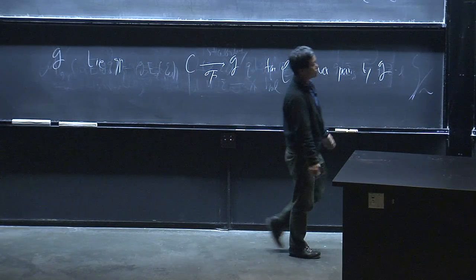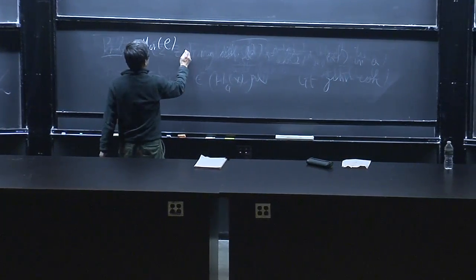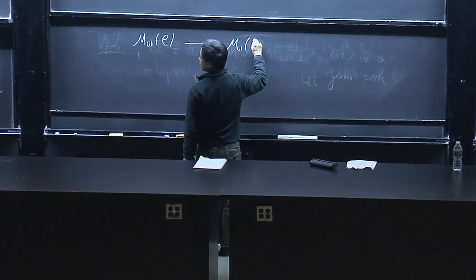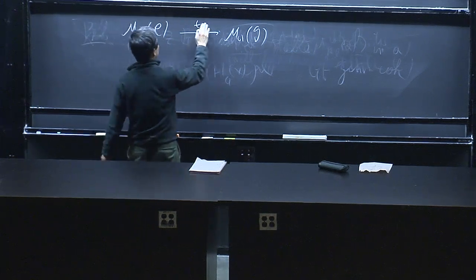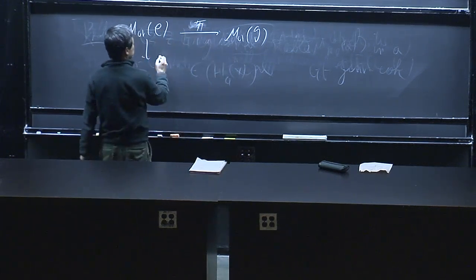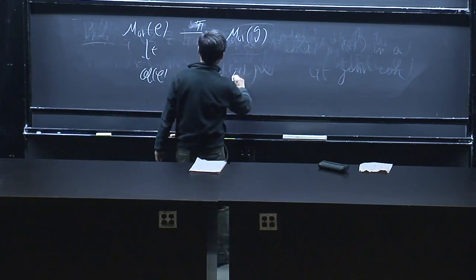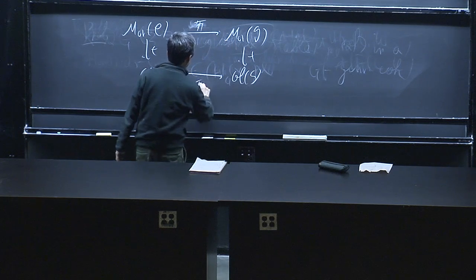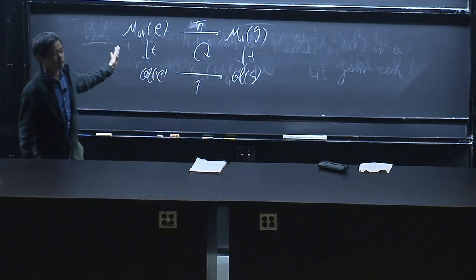And only one extra axiom is the following. You consider this morphism of C, and then you take this morphism of G, you have this target map, and this is F. And this is the target map, you have this object of C, and you take this object of G, then you have the target map, you have F. And the condition is that this is so-called Cartesian.